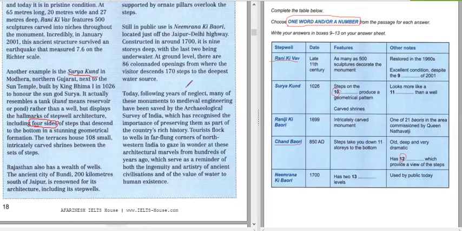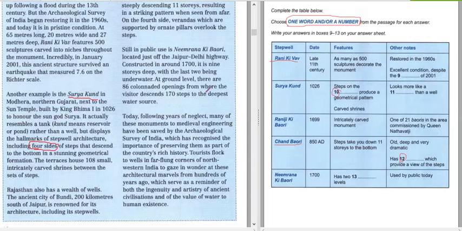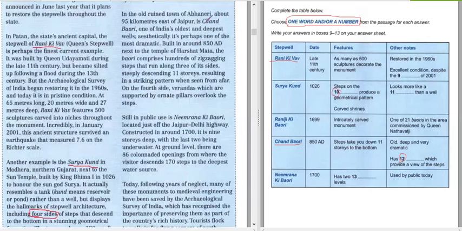We are more familiar with such kind of text because we know Neem Rana ki Bauri or Surya Kund. So it is not that usual. We'll go through the next passages also, but this is quite familiar to us. So anyway, Chand Bauri is here. It is here. The answer is on the third line from below.